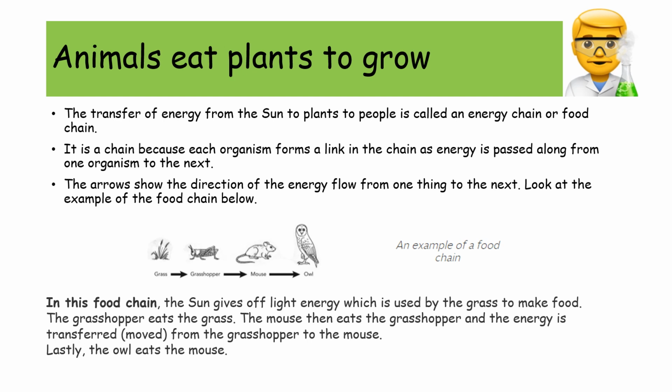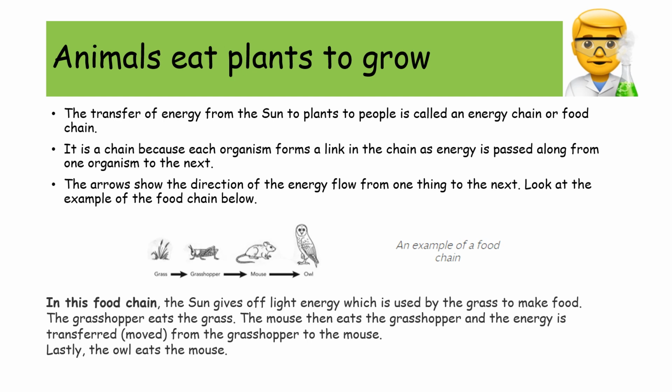The transfer of energy from the sun to plants to people is called an energy chain or food chain. It is a chain because each organism forms a link in the chain as energy is passed along from one organism to the next. The arrows show the direction of the energy flow from one thing to the next. Look at the example of the food chain below.